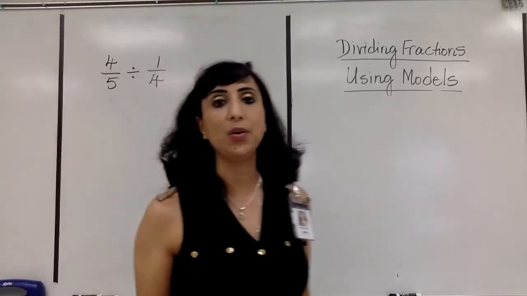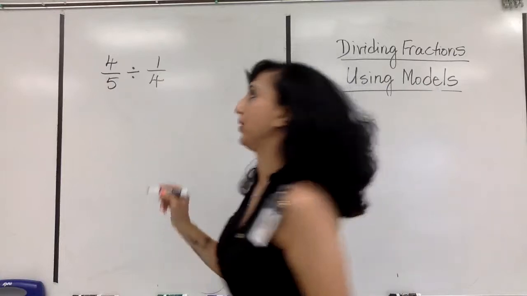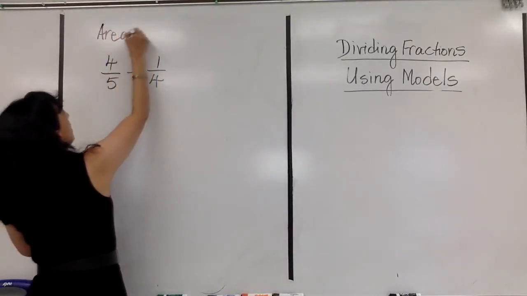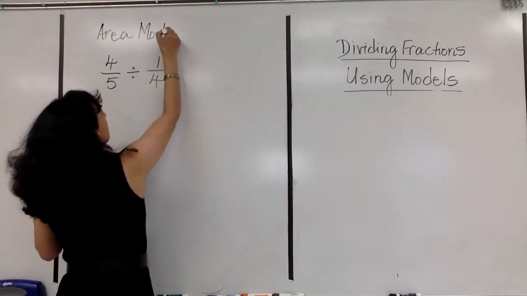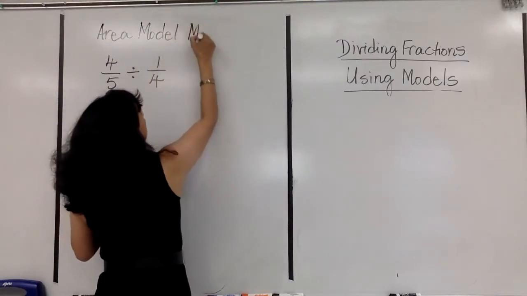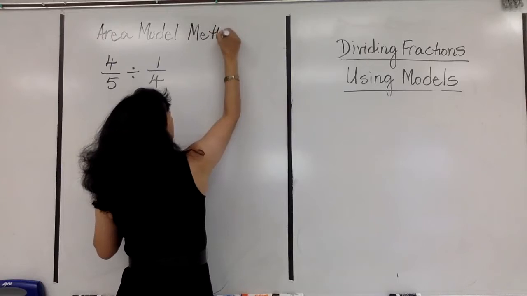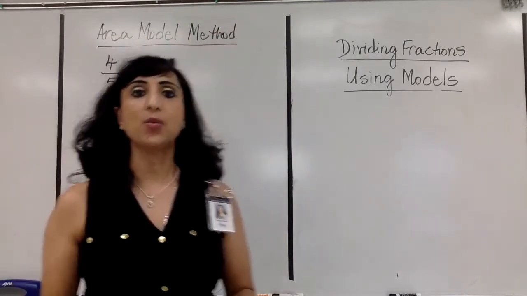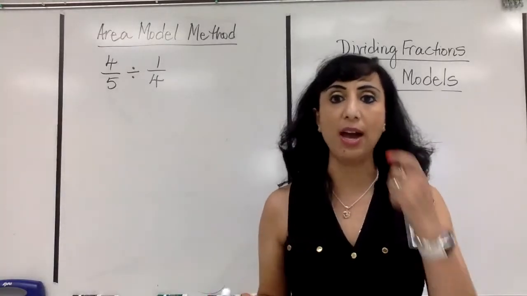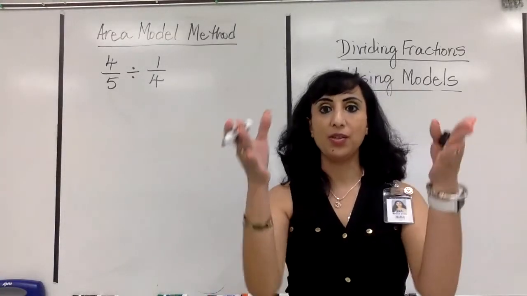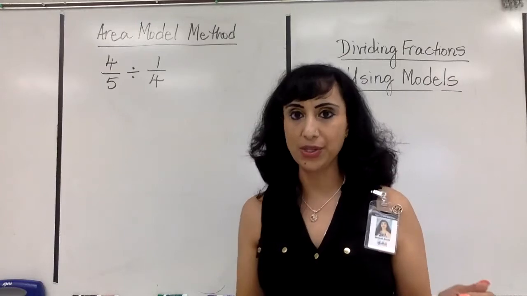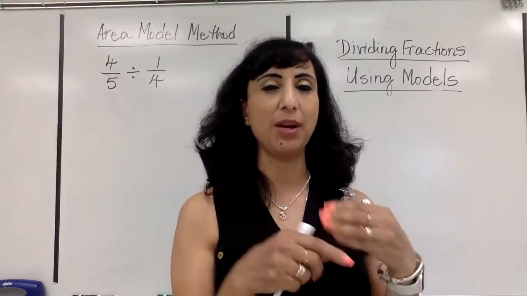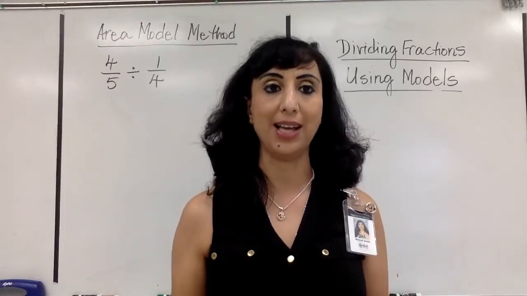And I'm going to use the area model method. Okay? I'm going to use the area model method. And this works really great if you have graph paper because you can actually see the columns and the rows and you know how many little squares you're taking. It becomes really easy to count and things like that, okay?